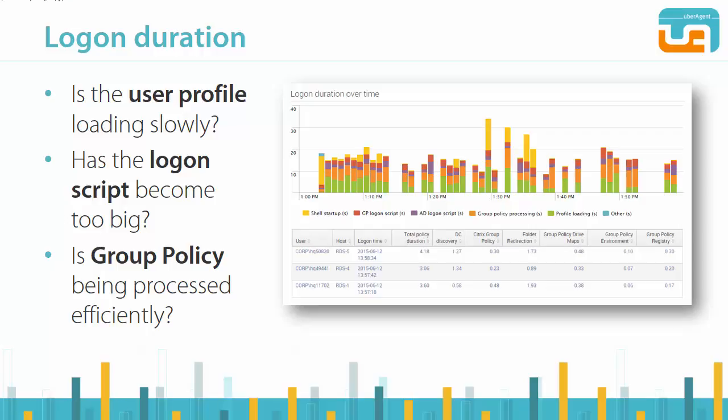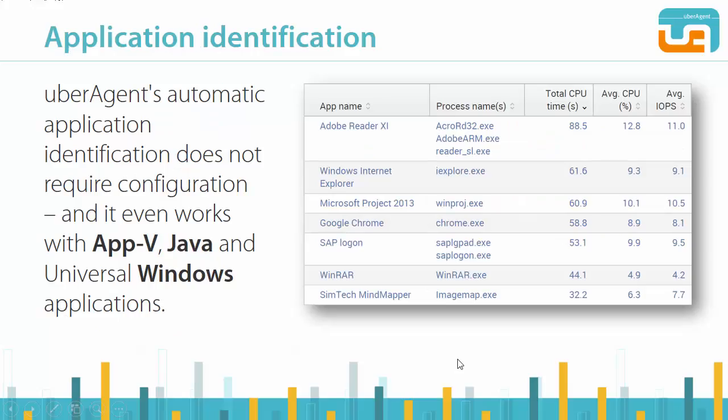If we can go to the next slide, we'll see that we understand applications really well too. And one thing about applications is that they typically are comprised of many different processes. In that screenshot on the slide, Adobe Reader, for example, it's not just one Adobe Reader process or executable, it's multiple processes.